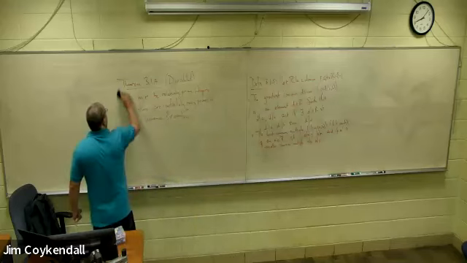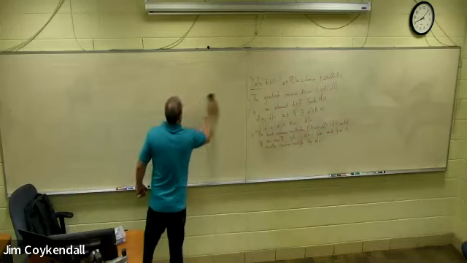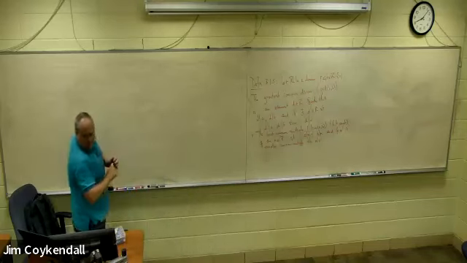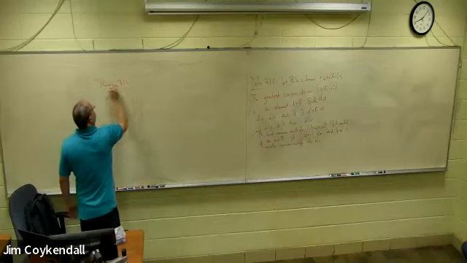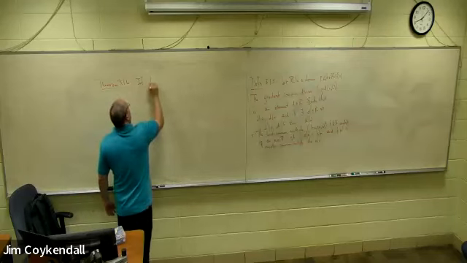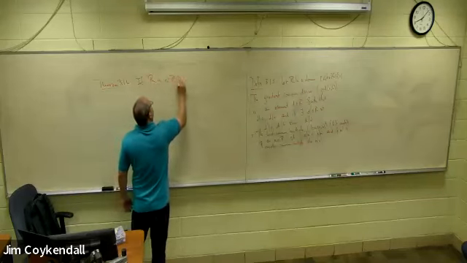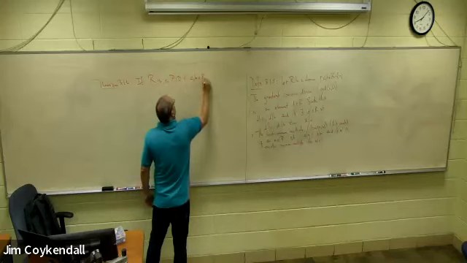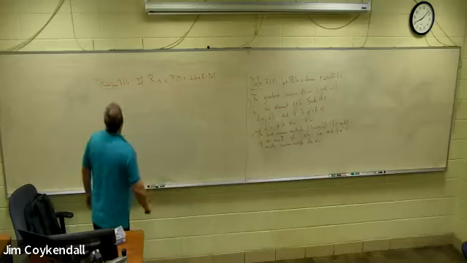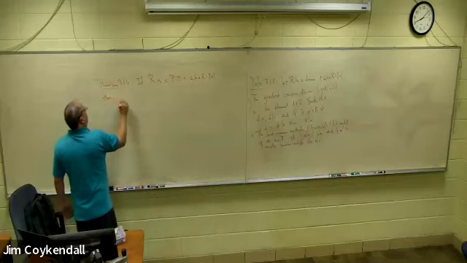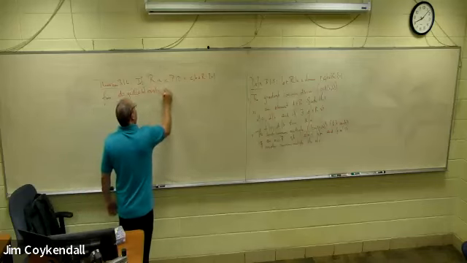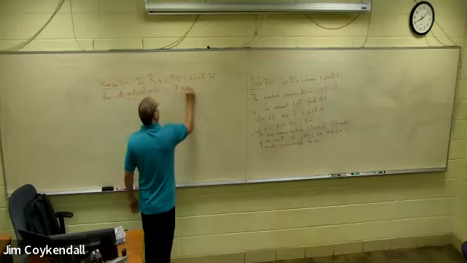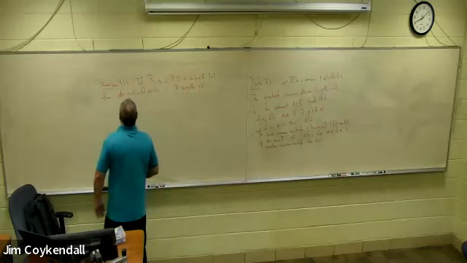So here's a statement. Theorem: if R is a PID and A and B in R are, let's say, non-zero again, then the greatest common divisor exists, and there exist X and Y in R such that D equals AX plus BY.